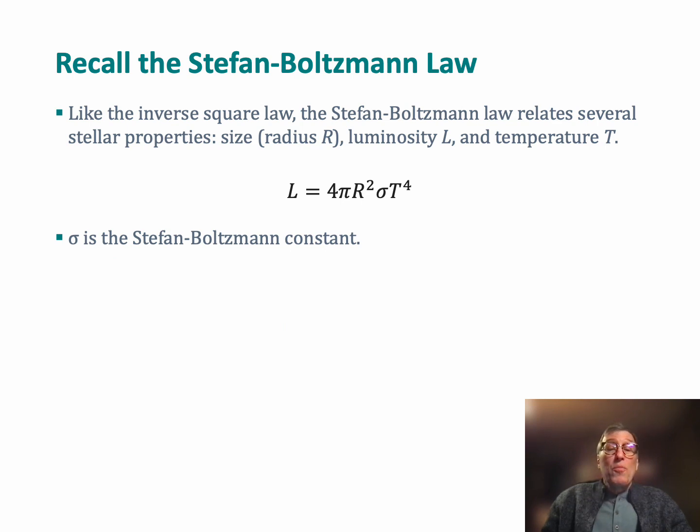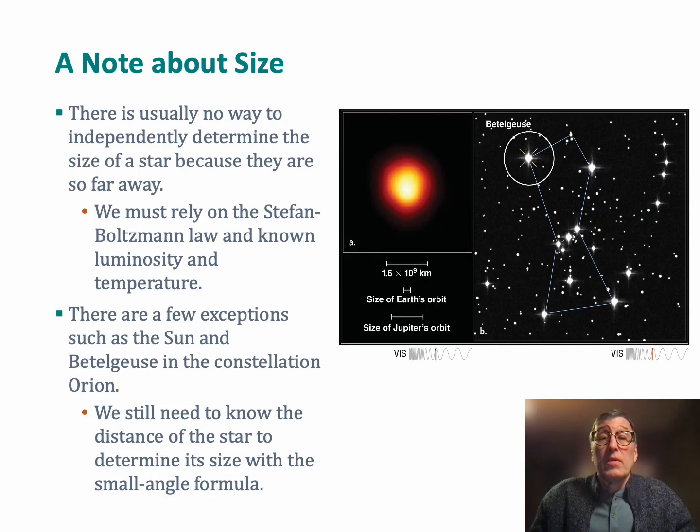We have to observe the luminosity, and we can observe the temperature based on the spectrum of the star, and from that we can calculate R. We can use the Stefan-Boltzmann law then to determine the size of the star.